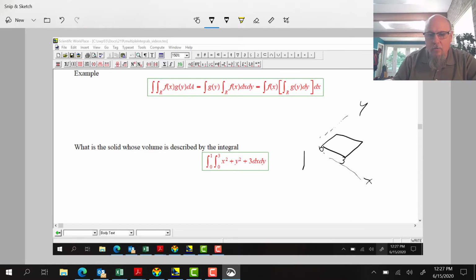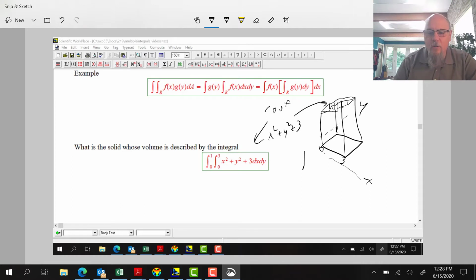The y goes from 0 to 1. So that's the footprint, and it's some rectangular prism here whose roof, that's terrible. Whose roof is given by that function.